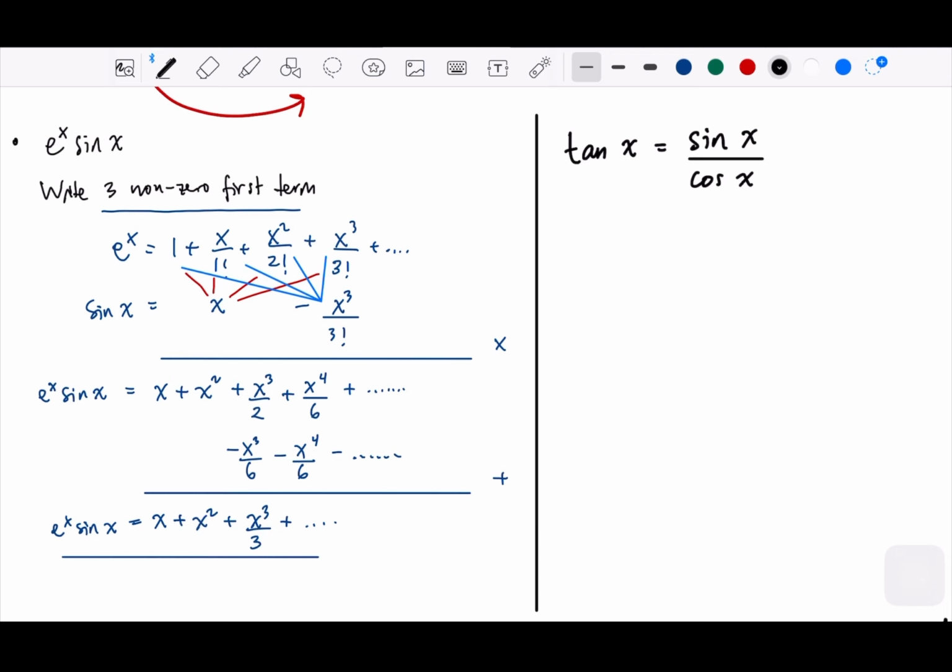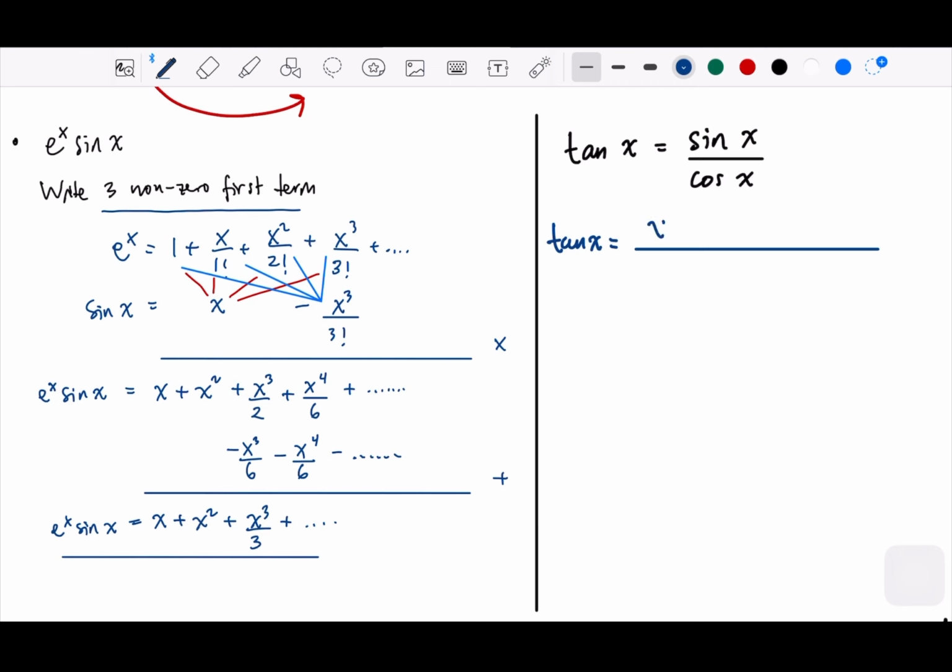And then these two trigonometric functions, we know the first few terms. Okay, so if the question asks the same thing, write down the first three non-zero terms, which means that we are going to take this and then write the terms for sine x and cosine x.